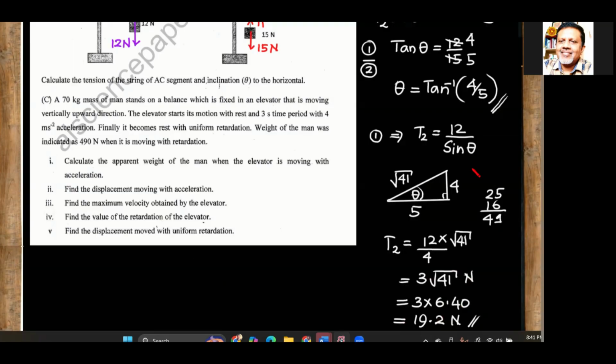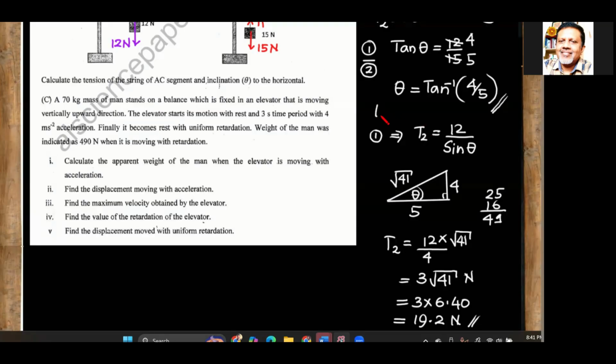At the same time, if I look at the value 4 divided by 5, it is 0.8. So we need to calculate tan inverse 0.8, which is roughly about 38 degrees and 39 seconds, right?